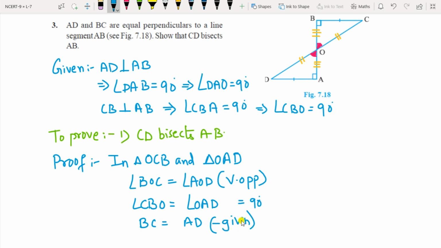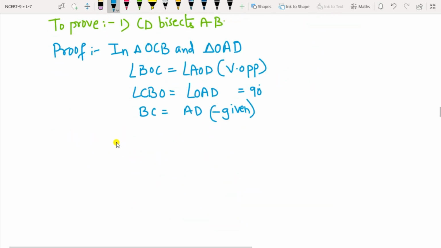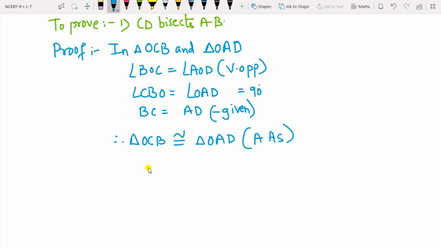Okay, and therefore the triangle OCB is congruent to triangle OAD by AAS, and therefore BO will be equal to AO and OC will also be equal to OD. This is by CPCT.